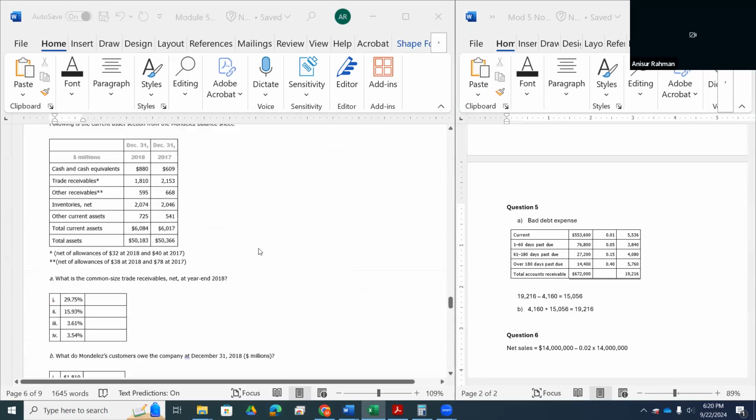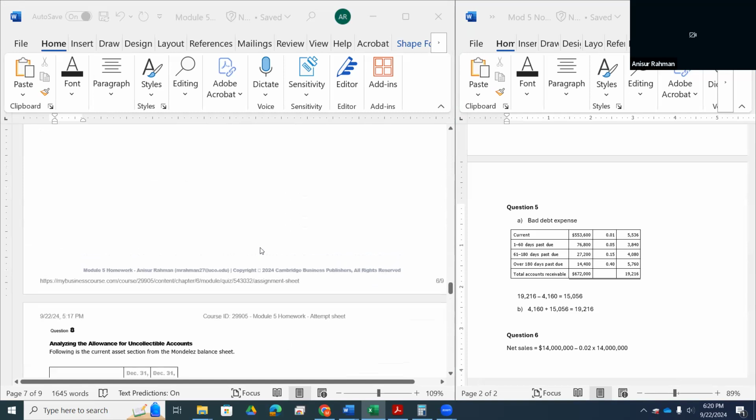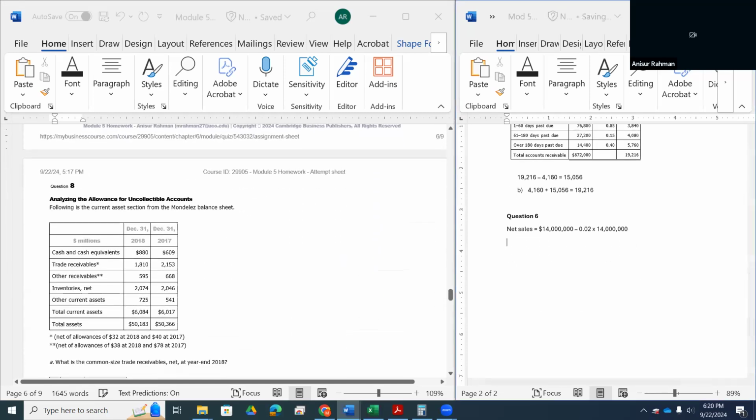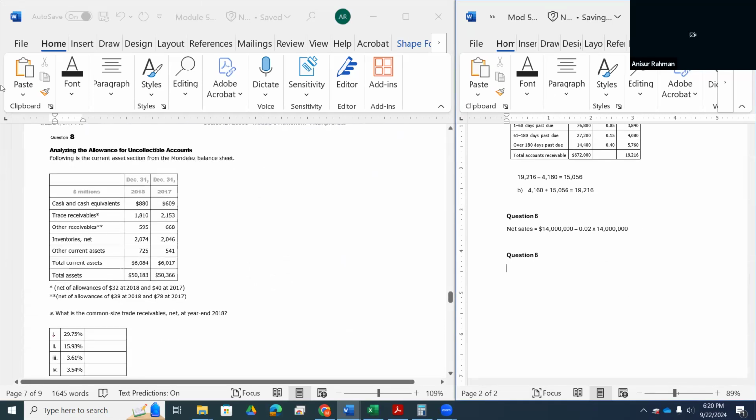Let us move on. Let us work on this question, question 8. Analyzing the allowance for uncollectible accounts. Following is the current asset section for the Mondelez balance sheet.